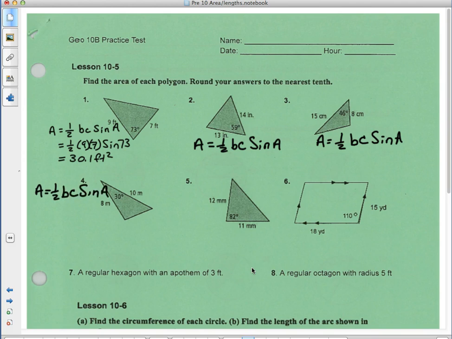I reread them. And this is area is equal to 1/2 BC sine of A, where A is that angle made between B and C. Now, after I make my choice of formula with my shape and the information provided, it's just me plugging in.